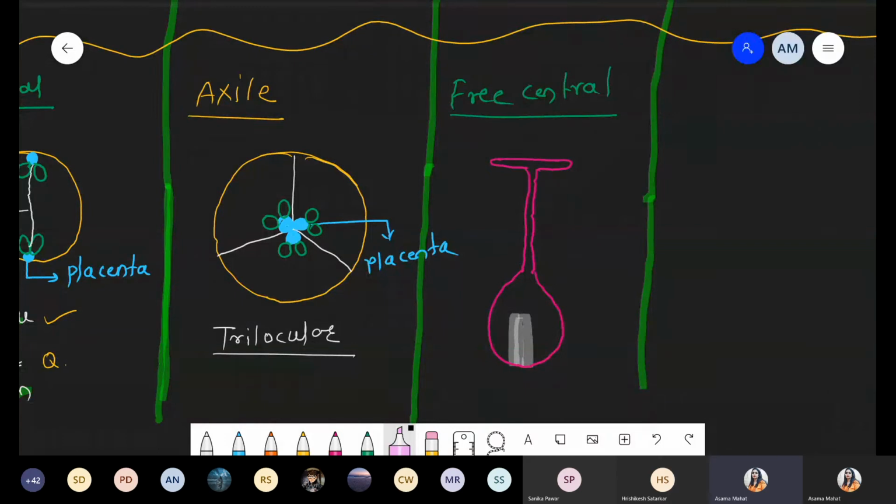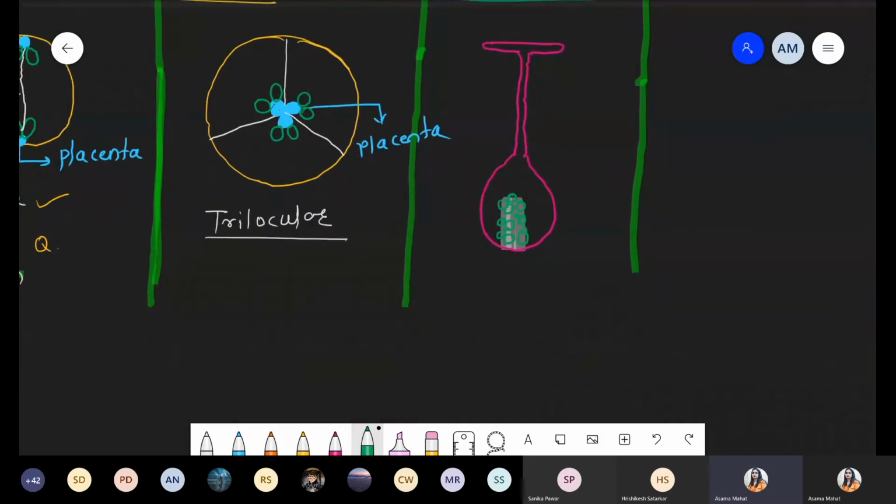In axial, the placenta is situated at the center. But in free central, there is no wall, no septa present. So the ovules get arranged like this. You can use a pencil for the shading.